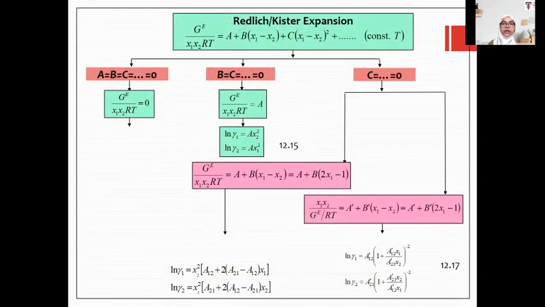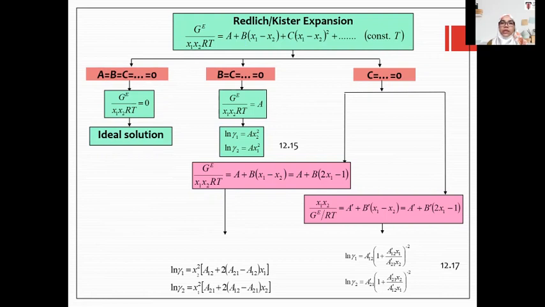These are the expressions that we discussed previously. If all the constants are equal to 0, by replacing the values of A, B, and C with 0, we obtain GE over x1x2RT equal to 0. That gives the ideal solution. So we know that the excess energy over RT equals 0, meaning these are the properties of an ideal solution.